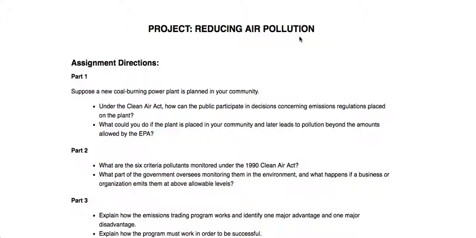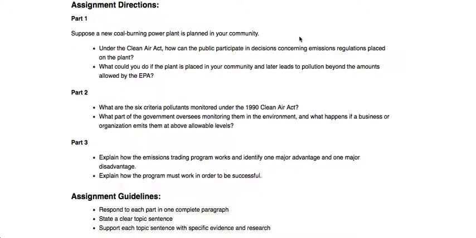Talk about those pollutants that we discussed: the ozone, the lead, the sulfur, the nitrogen, the particulates, and the carbon monoxide. Then talk about how the EPA can issue orders requiring violators to comply. Talk about what the EPA does to force those that are above the limits to get within the limits and comply.